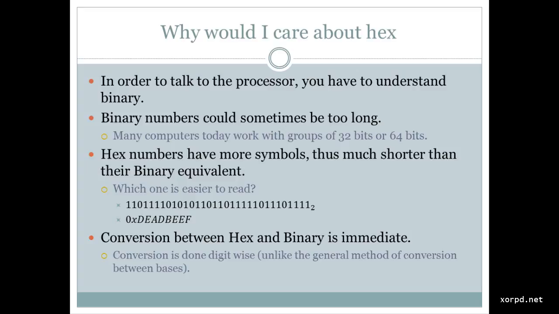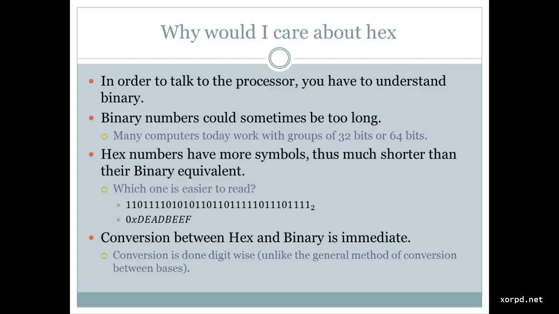Another important thing regarding hex and binary is that conversion between hex and binary is immediate. We could have seen this a few slides before, that it is so easy to convert. We can just look at every one digit of hex and convert it to the corresponding 4 binary digits.